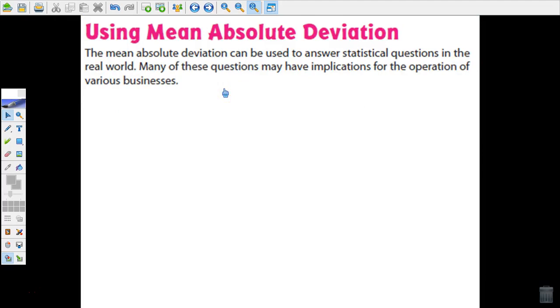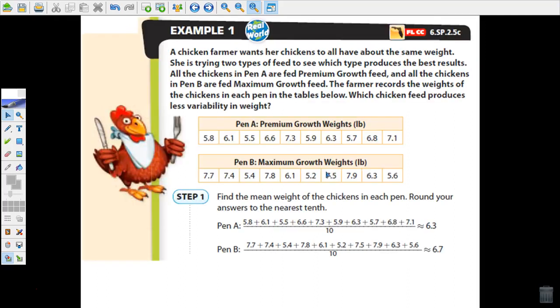Using mean absolute deviation. The mean absolute deviation can be used to answer statistical questions in the real world. Many of these questions may have implications for the operation of various businesses. Okay? So, a chicken farmer wants her chickens to all have about the same weight.